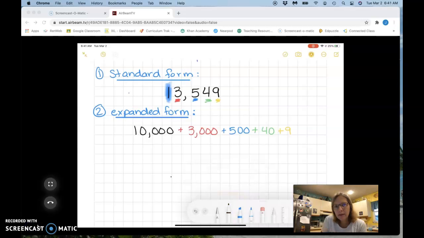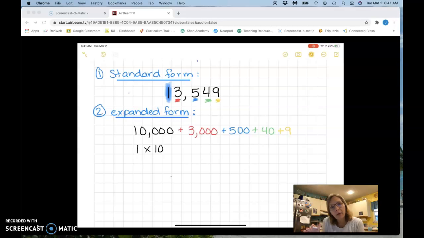Okay, so to write 10,000 as an exponent, I'm going to write 1 times 10 and then put that 10 to a certain power. And what power I put it to is determined by how many zeros there are after the 1. So if I'm looking here, there's 4 zeros. So I'm going to put that to the 4th power.